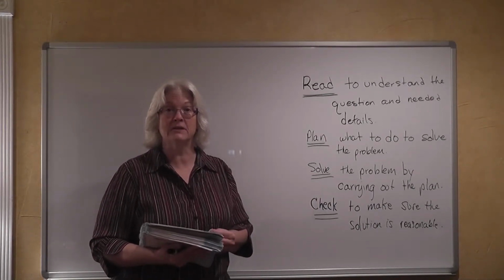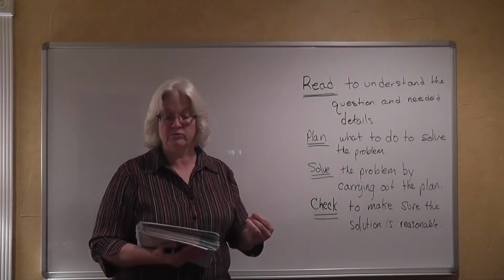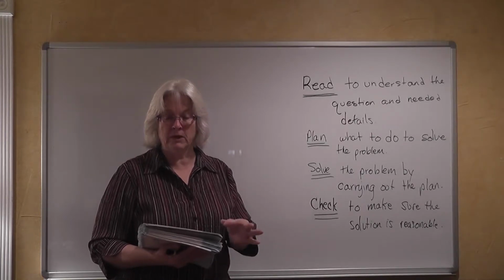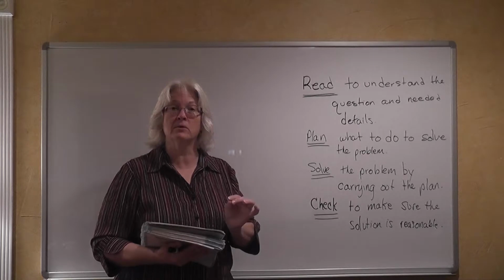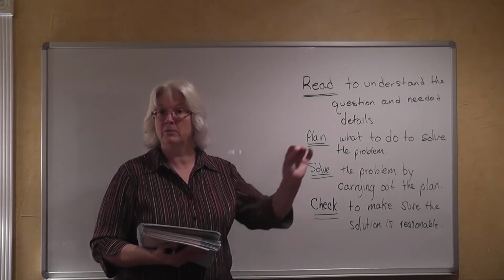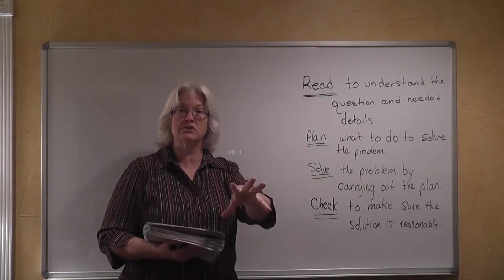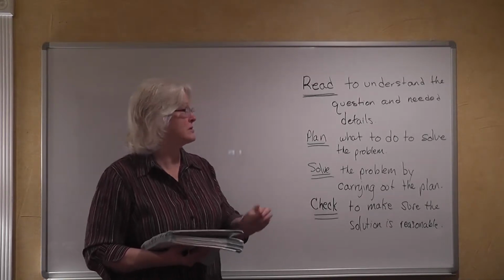Then the second piece of information tells us how many adults there were and how many children there were who attended the play. And then finally we get to the question. The question is, what was the total amount of ticket money collected? Not the amount of money that it cost the adults, not the amount of money that it cost the children, but the total amount of money that was collected.